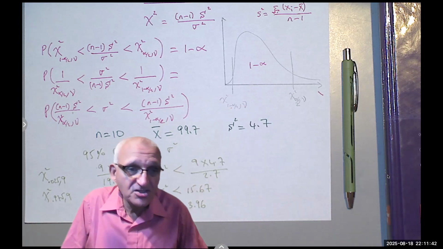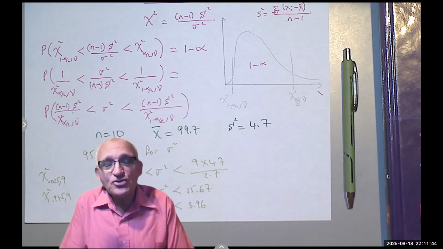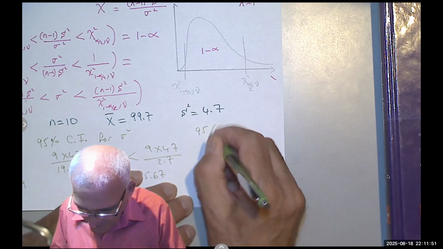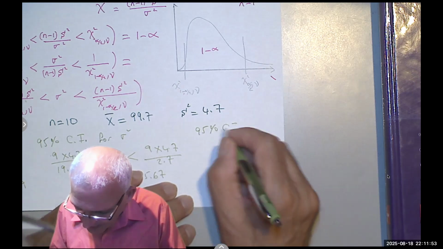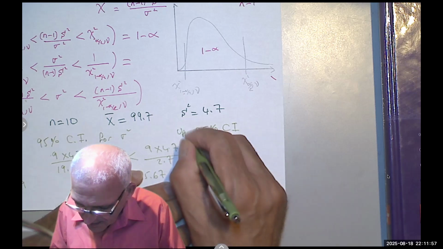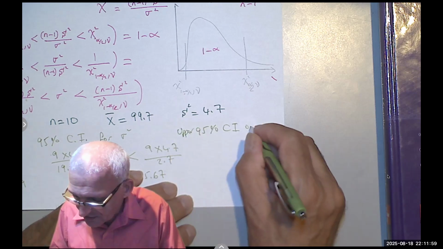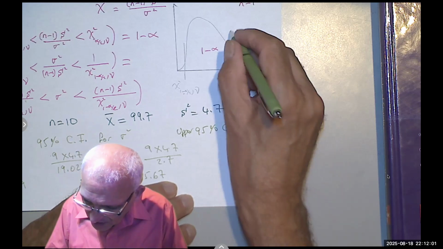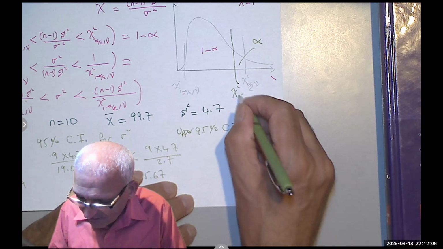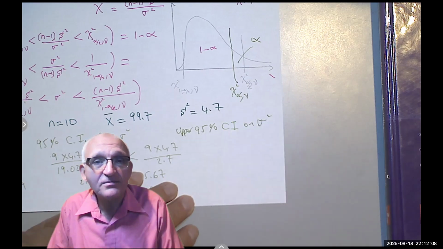Notice, as I told you, sometimes we are only interested in an upper limit. So if I want a 95% upper confidence interval on sigma square, I want all of alpha to be here. So that would be chi-square alpha with 9 degrees of freedom.